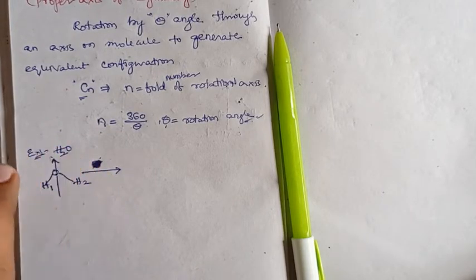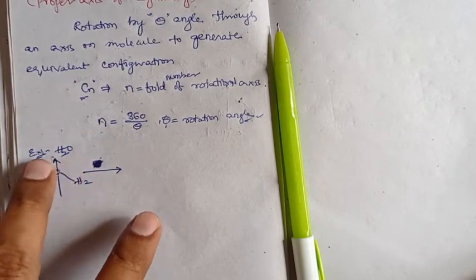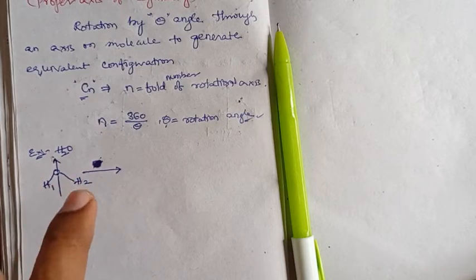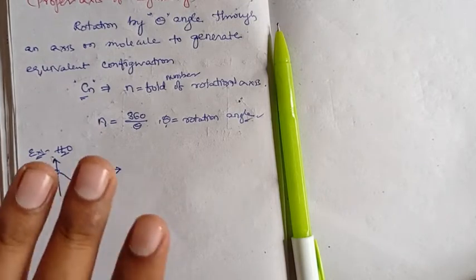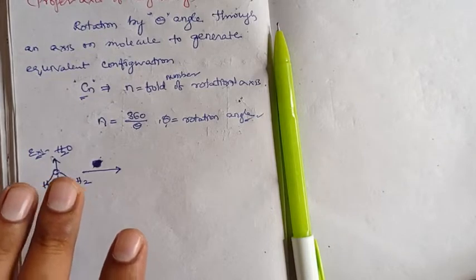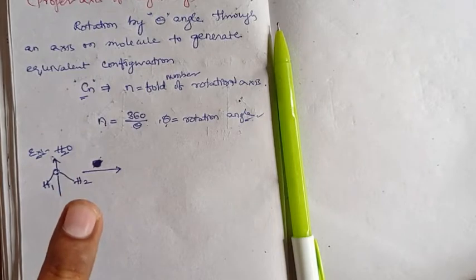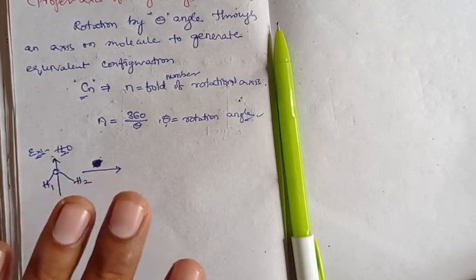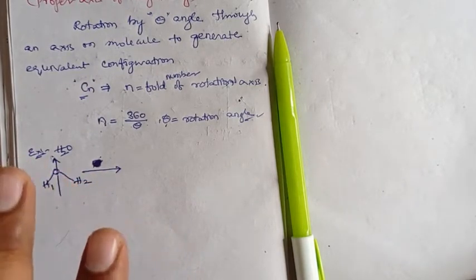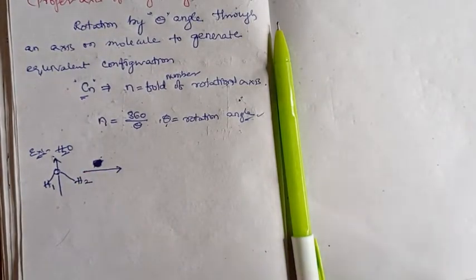So to do the rotation in the water molecule, the atom positions should not be disturbed. Surely the rotation will lead to a disturbing of the atom positions, isn't it?